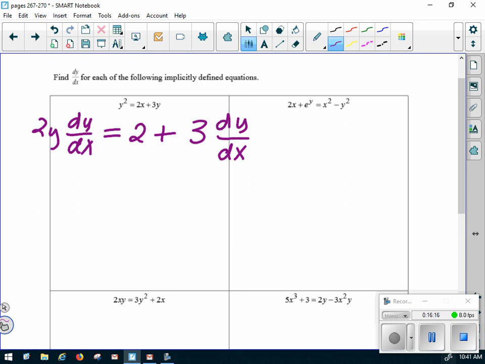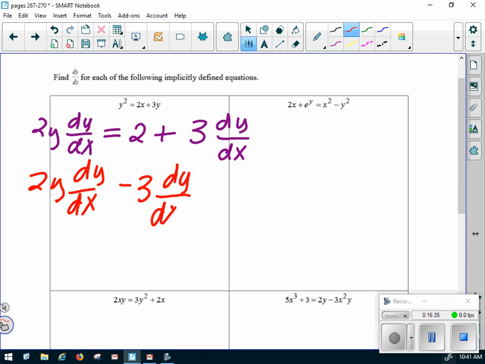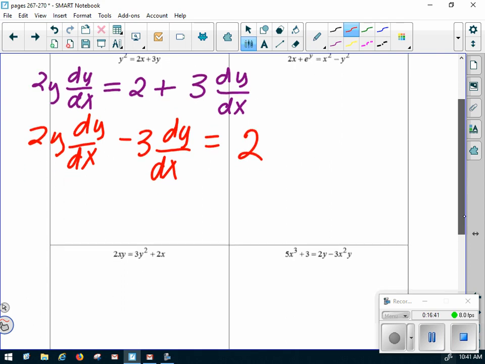Are you okay on how we get to that step? Now to solve for dy dx, we have to get the dy dx's together. So if we subtract 3 dy dx from both sides, well, we've got them on the same side of the equation, but what can I do?